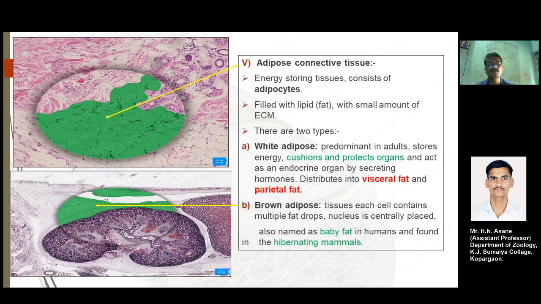Adipocytes are the cells of the adipose tissue. These adipocytes are filled with lipid, that is nothing but fat, and with a small amount of extracellular material.